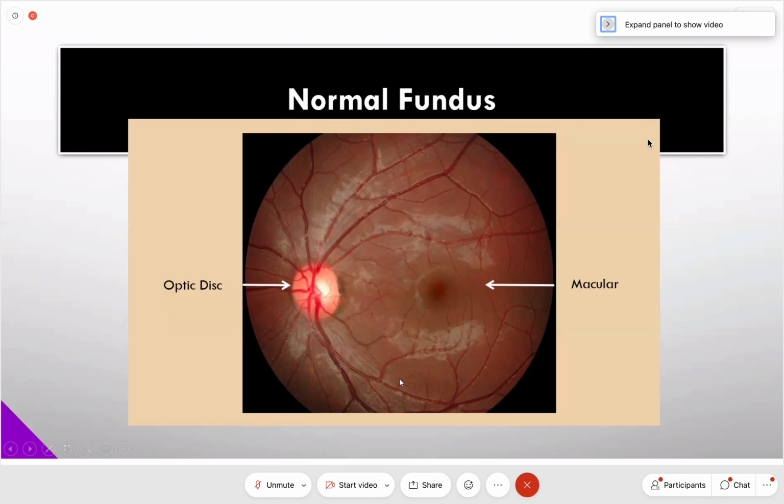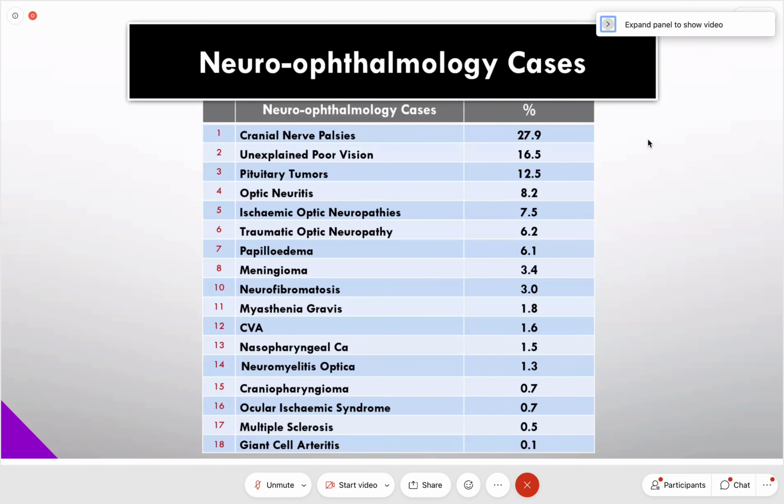So this is the normal appearance of the fundus. So what we're going to see here is from our list.